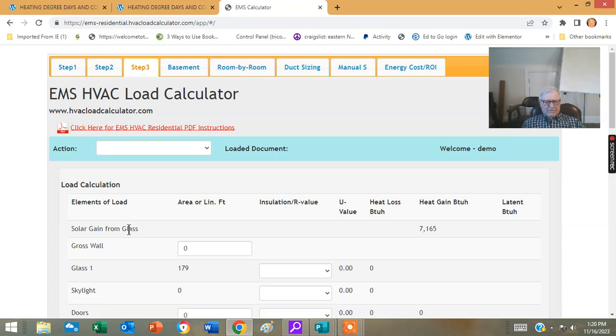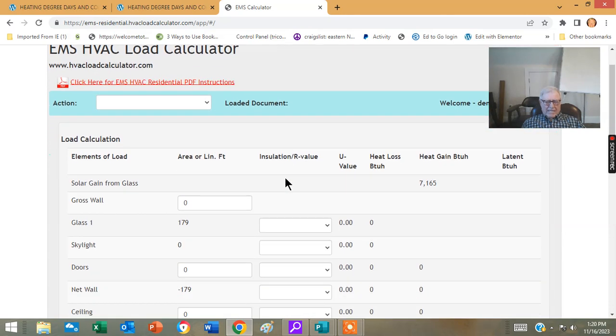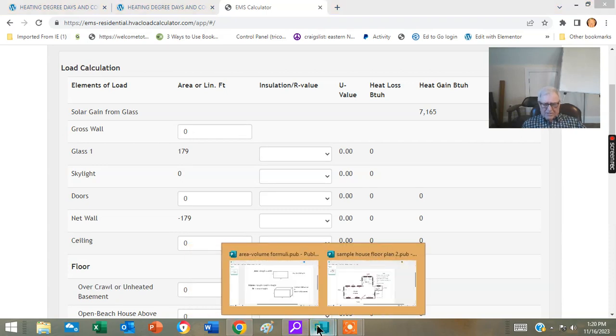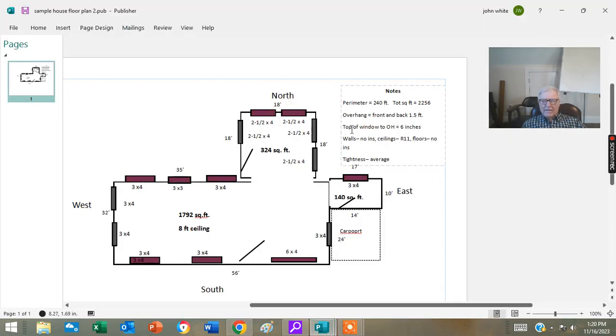This is your third step. And it's going to ask you what's the area of the walls. I'm going to go back to my picture a second. That's the gross wall area. That includes windows, doors, and everything. So back to my picture. Okay.